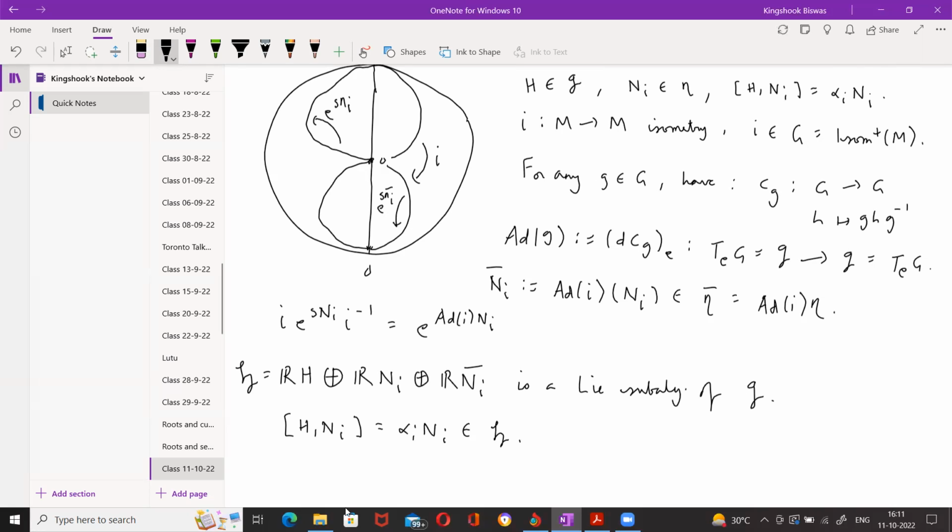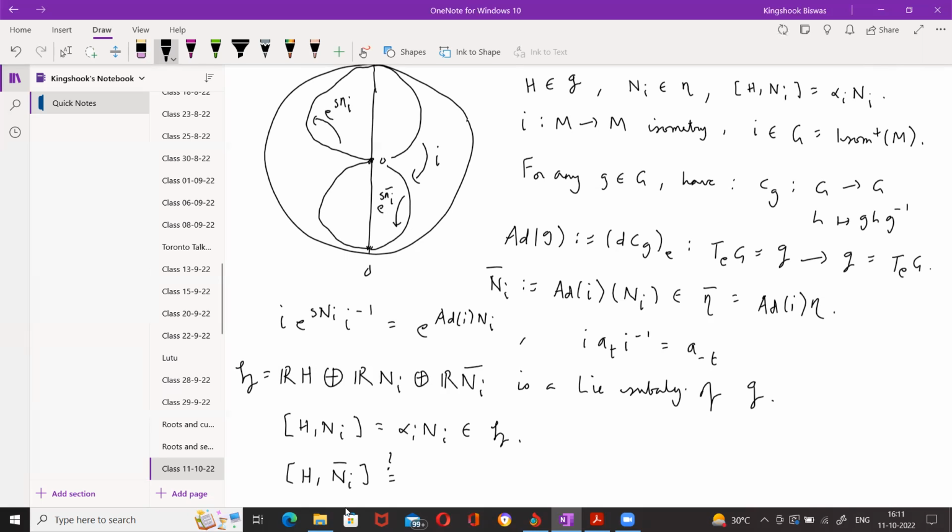Then I have to take the bracket of H and N_i bar. What is the bracket of H and N_i bar? Notice first that I conjugates a_t to a_{minus t}. If I go t along the geodesic and I conjugate by I, it's the same as going minus t.